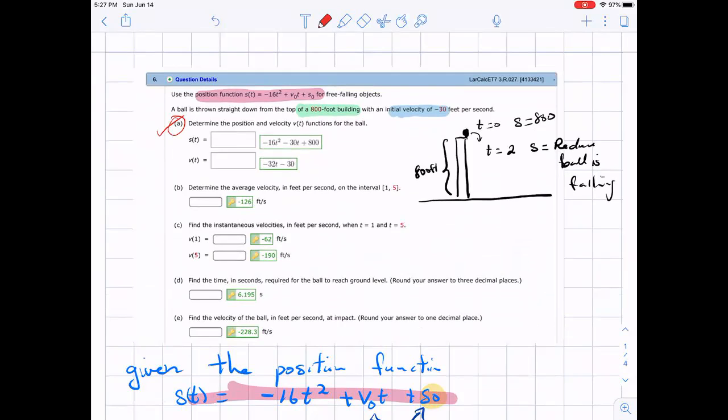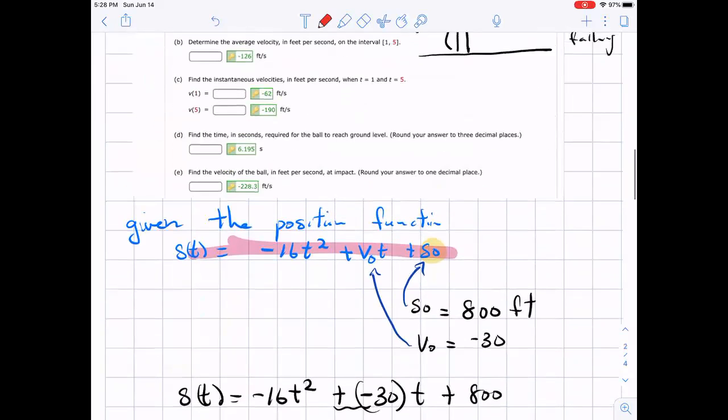Part B, determine the average velocity in feet per second on the interval 1, 5. If you look back at your notes that was posted in the video, there is a formula for average velocity. We don't even really need to know the formula, you don't need to memorize any formula because you know what velocity is.